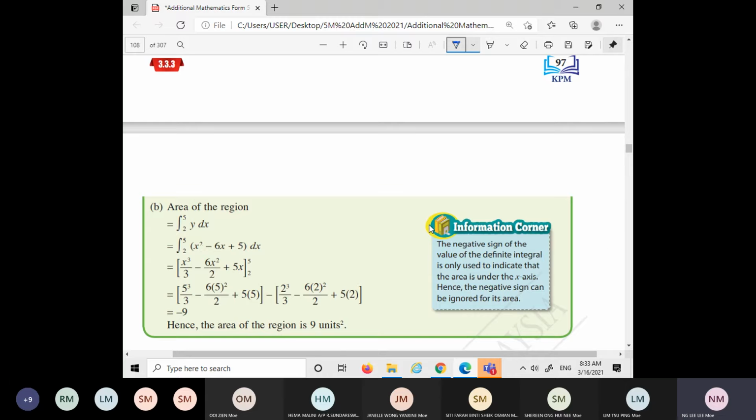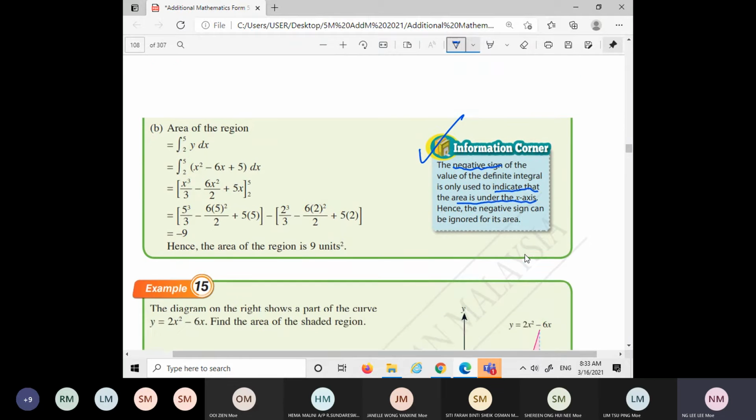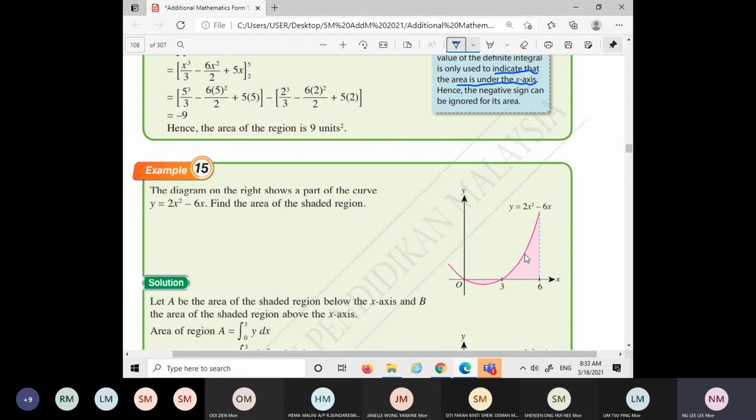So you see this negative sign, its meaning is just to indicate that the area is under the x-axis. Okay, we want to see more examples. Look at this example.